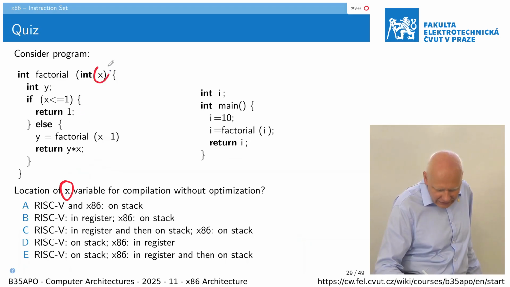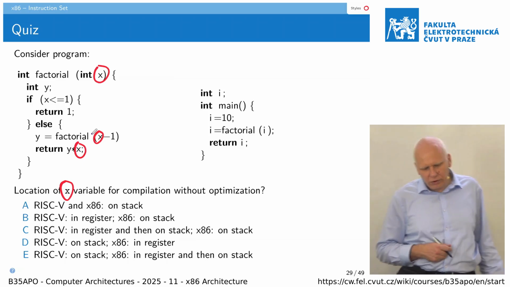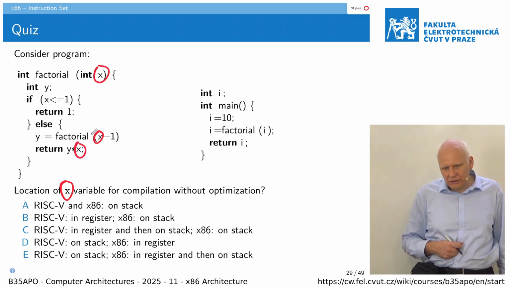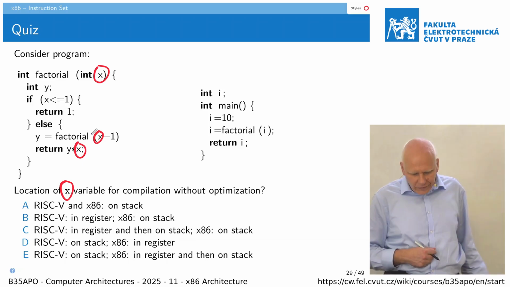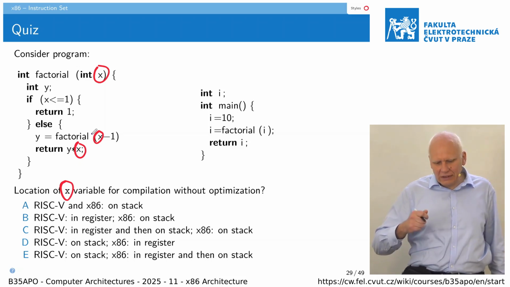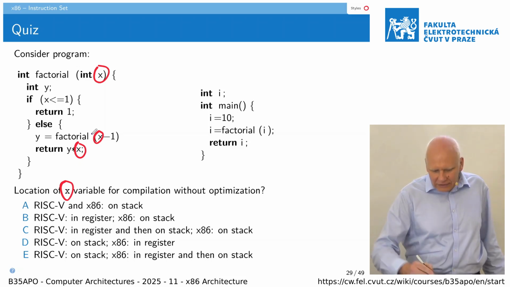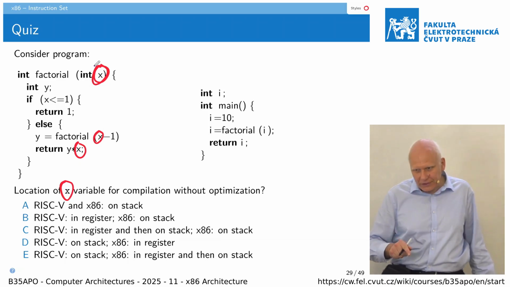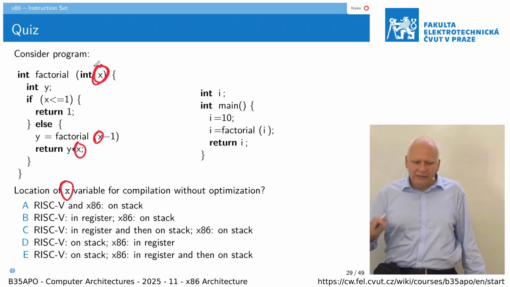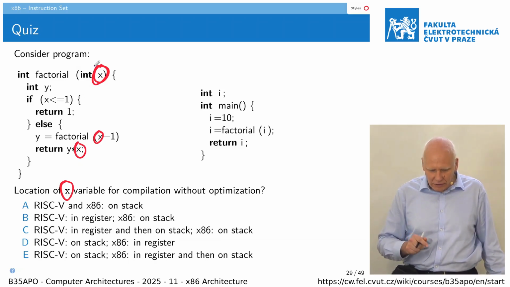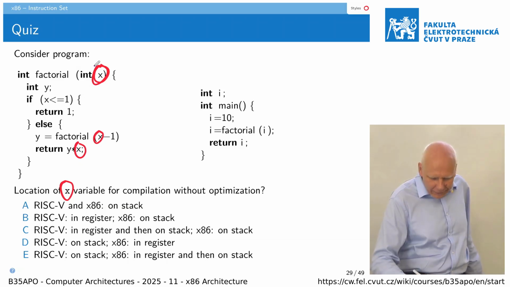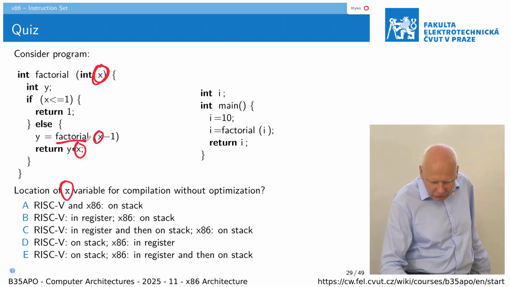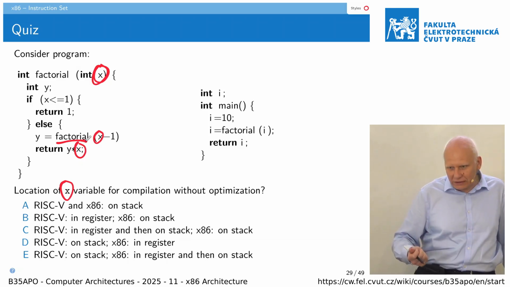For x, it is an argument which is used in multiple places. If it is 32-bit Intel, then it has to be on the stack, because the arguments are passed over the stack. If it is 64-bit, it can be passed in a register, but there is a problem that when we call the factorial, it will be overwritten in the register.